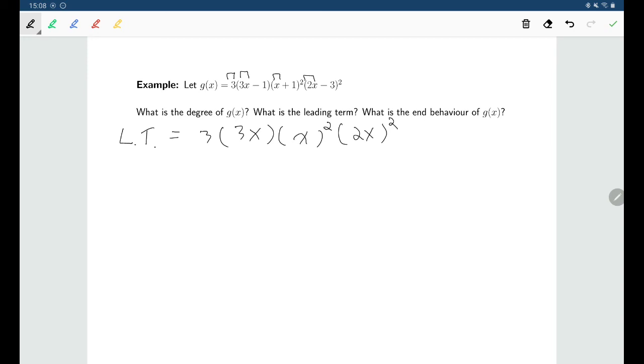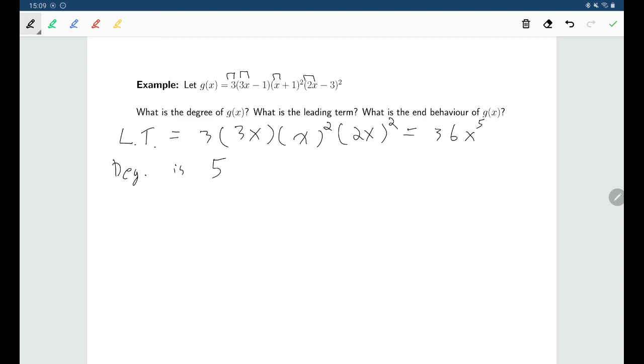And then now we just need to multiply all of this together to say what we have. And what we have would turn out to be 36x to the 5. So that means the degree of this polynomial is degree 5.